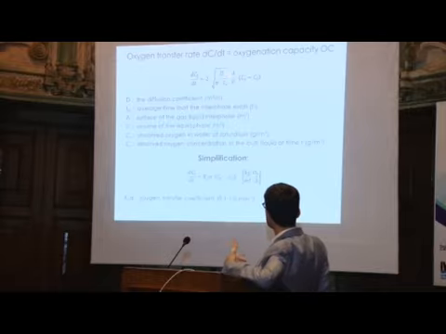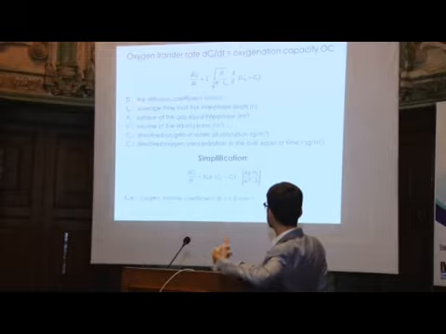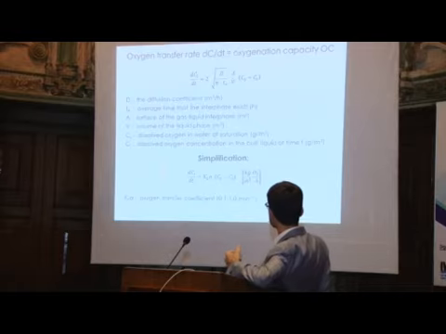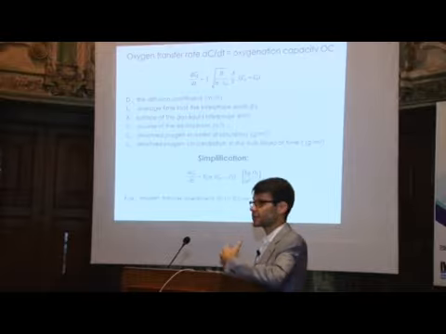So all of this depends a bit on the temperature, like the diffusion coefficient, on the depth of the aeration, the average time that the interface exists, and on the size of the bubble, so the surface of the gas-liquid interface. Clearly, the smaller the bubbles, the better transfer you get.